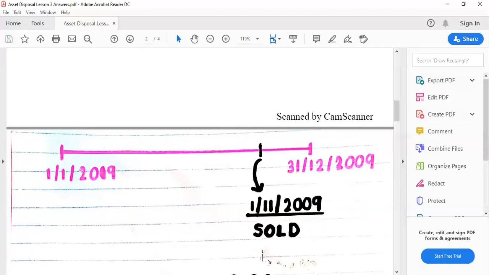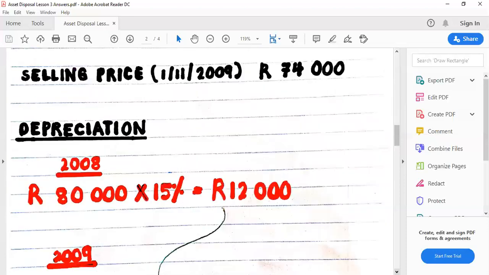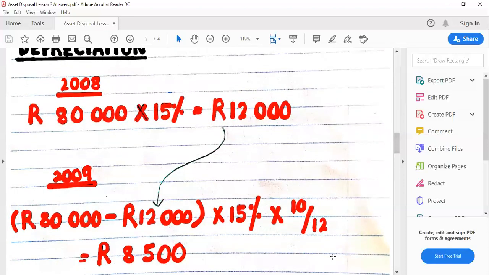So from the 1st of January 2009 right up until the 1st of November 2009 is 10 months. So we apportion the depreciation for this 10-month period. That is why we use the 10 over 12.